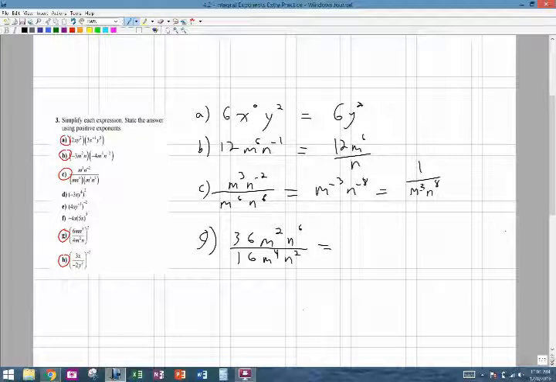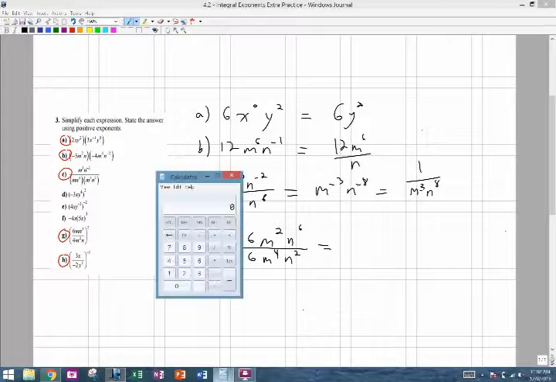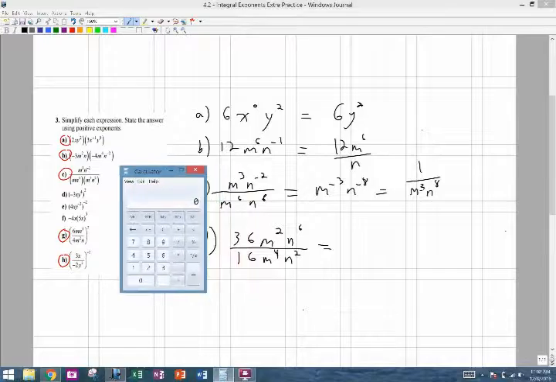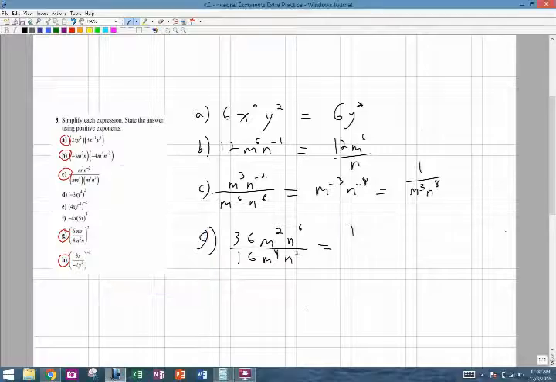Now I can simplify this. Simplify the coefficients. What goes into both 36 and 16? We would say 2, probably. So we can take 36 and divide by 2 to get 18. So we get 18 over 8, but we can still reduce that.